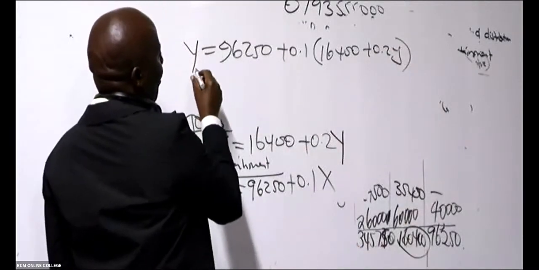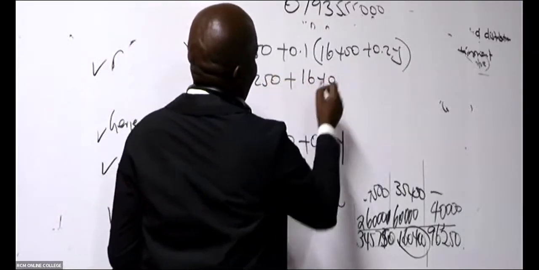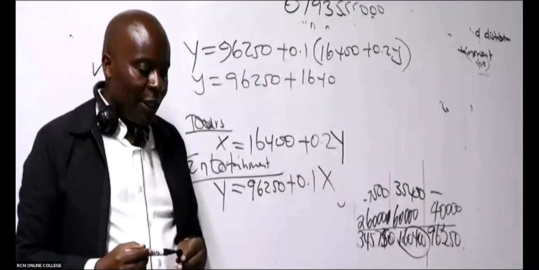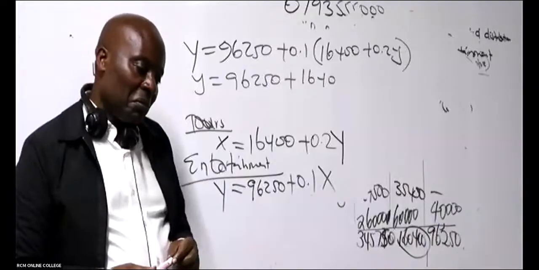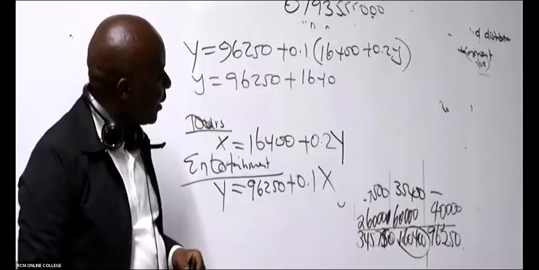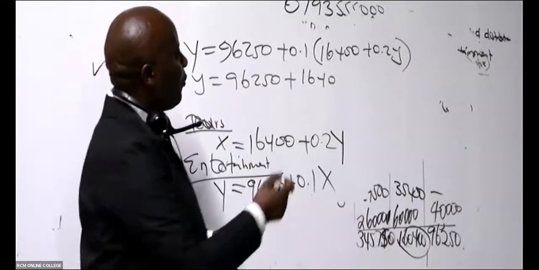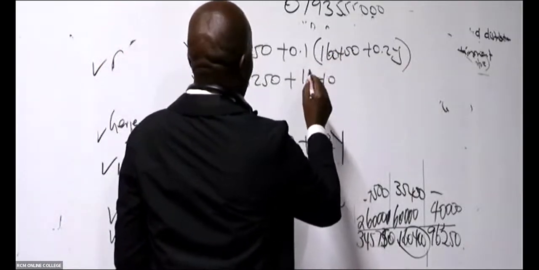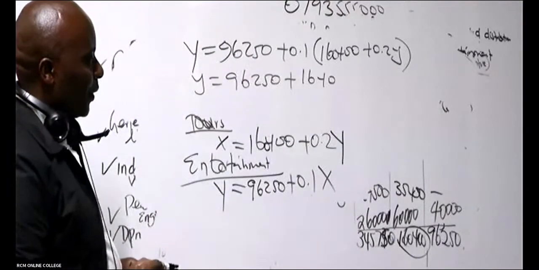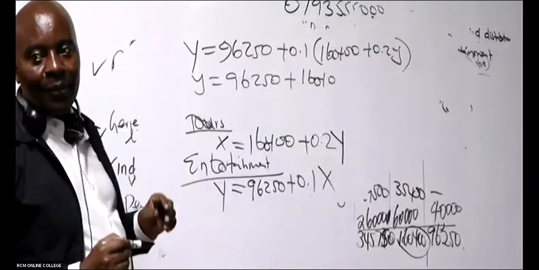So this will be Y equals 96,250 plus 0.1 times 160,400, which is 16,040. Is that okay?